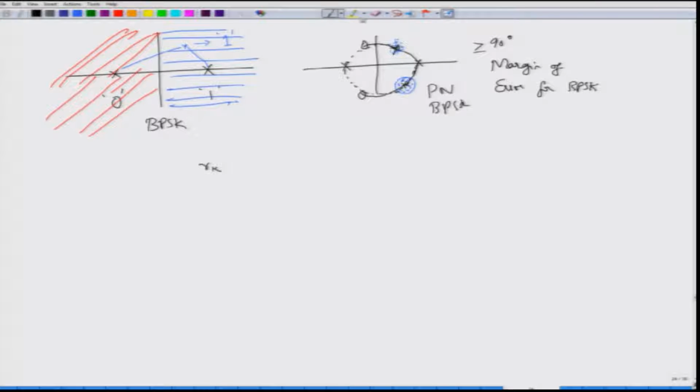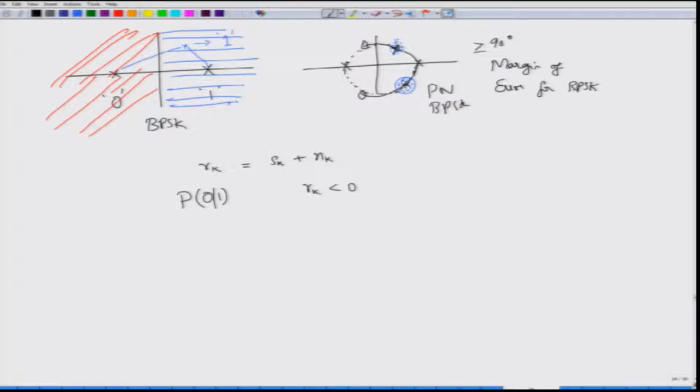The received signal is the photocurrent, which I am representing as RK. This received signal will be the sum of the signal that you have actually transmitted, which is SK, plus some noise NK. And if you look at when you are going to get an error, the probability of mistaking the received sample as 0 when you have transmitted a 1 would be when this RK becomes less than 0.